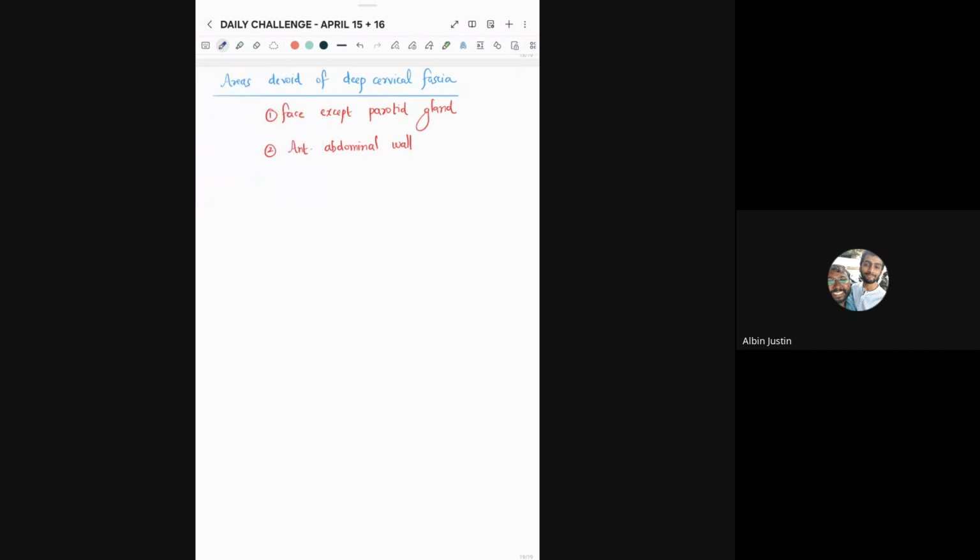Okay. What are the modifications of deep cervical fascia? So the modifications of deep cervical fascia are, first one, the investing layer. Then you have the pretracheal. Then you have the prevertebral.